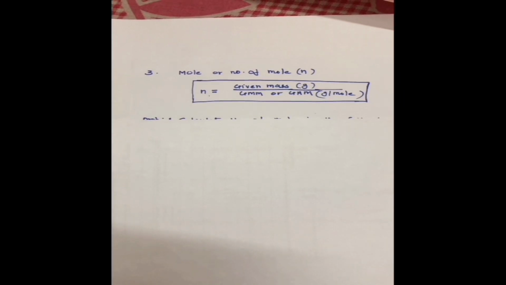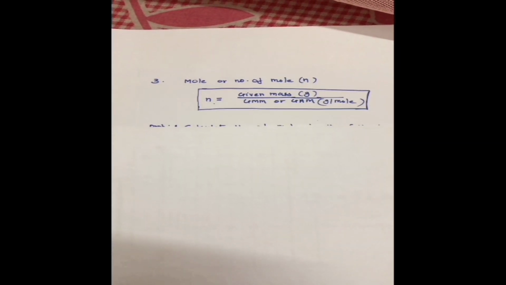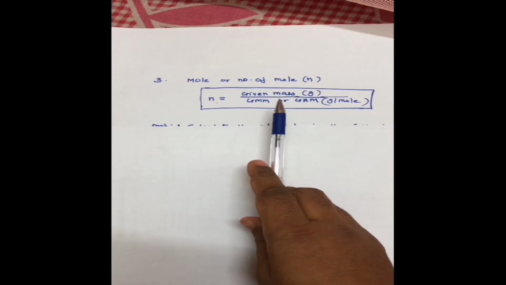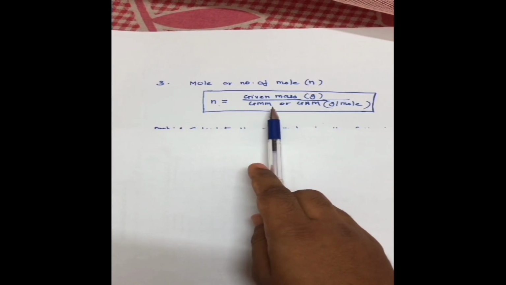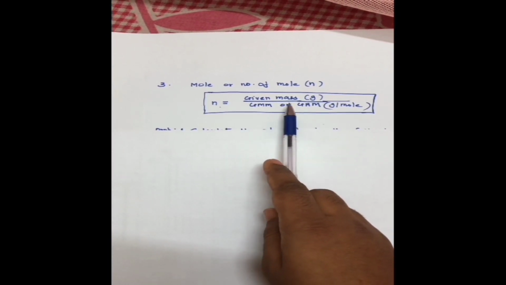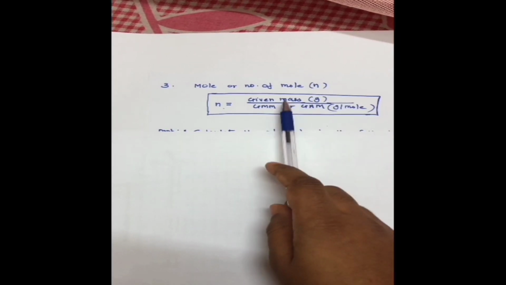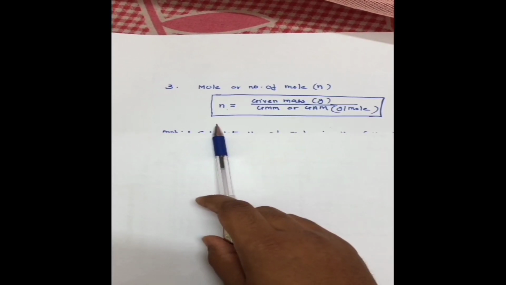Now, after covering the basics of gram atomic mass and gram molecular mass, we can easily calculate the number of moles. And for mole calculation, we have a simple formula: given mass divided by gram atomic mass or gram molecular mass. What is the difference between given mass and gram molecular mass?